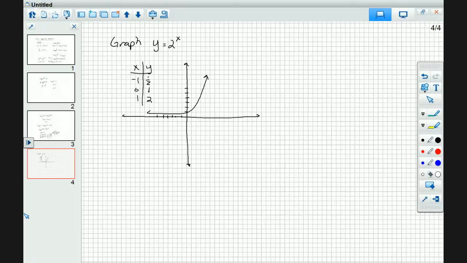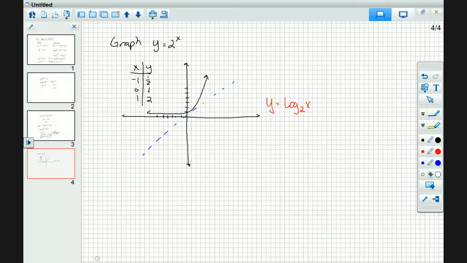Okay, let's graph y equals log base 2 of x. It's the inverse. Geometrically, do you remember what inverse means? Reflected across the line y equals x.